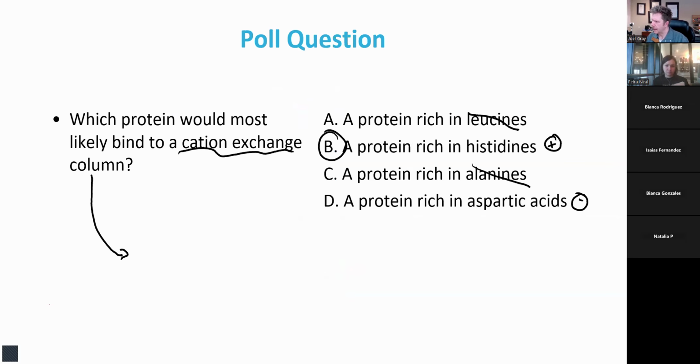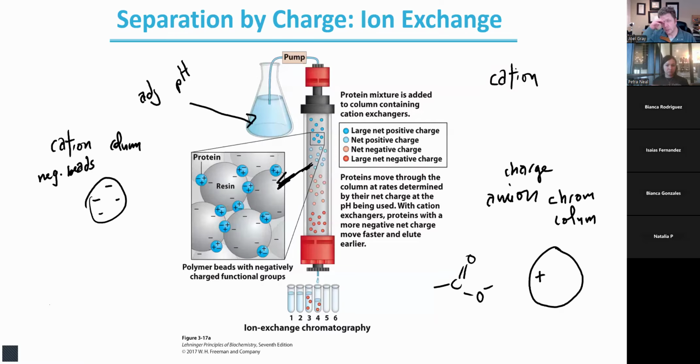Is it like a cation is negative, then you catch a positive, and an anion is negative, so you catch a positive? No, a cation... What I think is helpful is to think about the beads themselves or the protein, because we're trying to capture a protein with a positive or a negative charge.